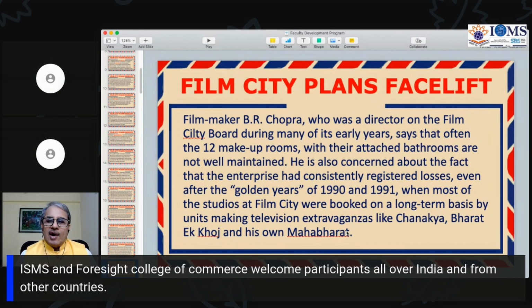He is also concerned about the fact that the enterprise had consistently registered losses even in the golden years of 1990-91, when most of the studios at Film City were booked on a long-term basis by units making television extravaganzas like Chanakya, Bharat Ek Khoj, and his own Mahabharat. So I am picking up a keyword for remembering, and the keyword is very peculiar: bathrooms. I've underlined it in red.